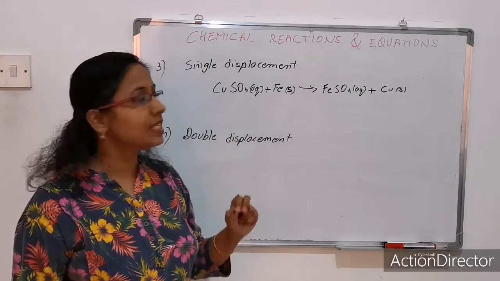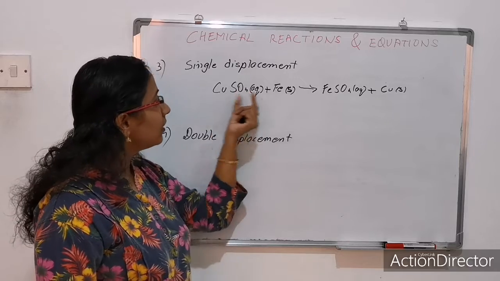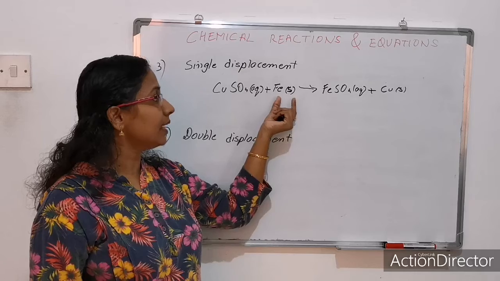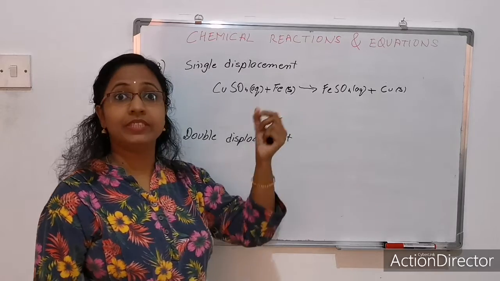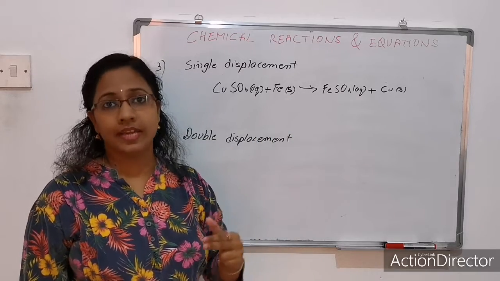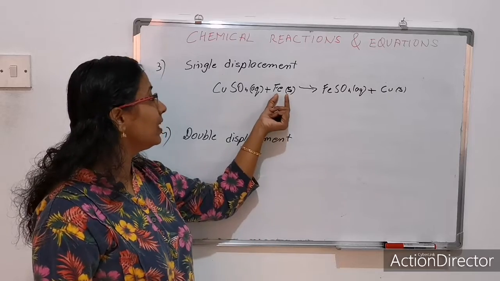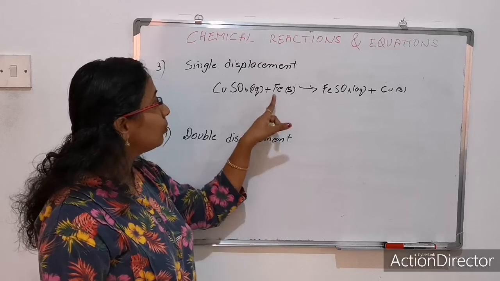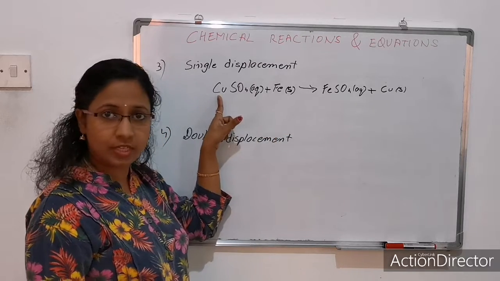The actual science is, when this compound CuSO4 reacts with an element which is higher in the reactivity series, that is Fe is higher than Cu in the reactivity series. So Fe is more reactive than Cu.